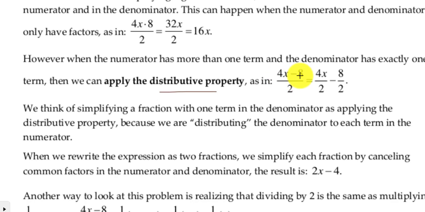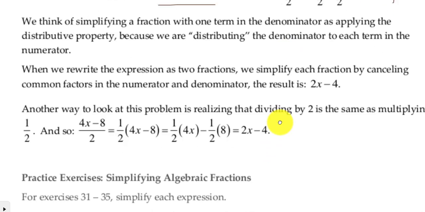So 4x minus 8 over 2 can also be written as 4x over 2 minus 8 over 2, right? Which would leave me with, if I simplify that, 4x divided by 2 is 2x, and 8 divided by 2 is 4, okay? So you're definitely going to come across problems like that, right?